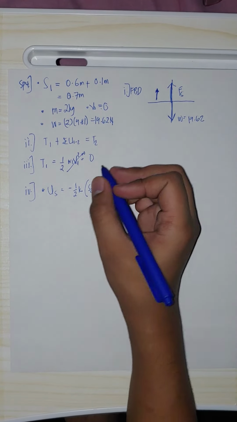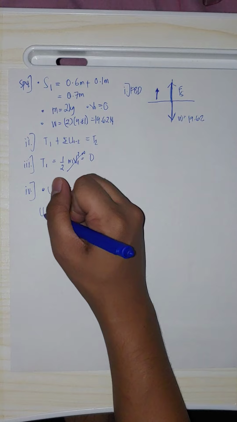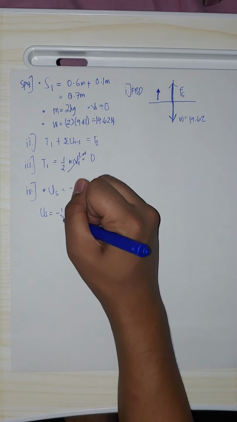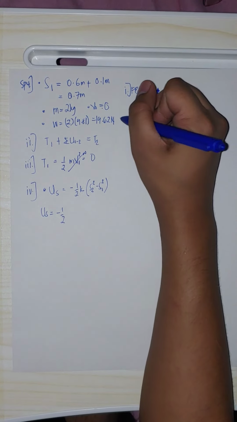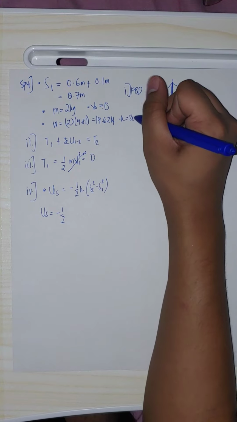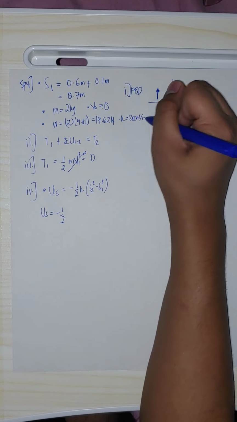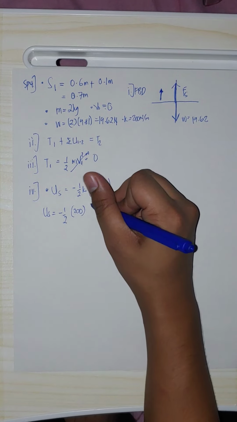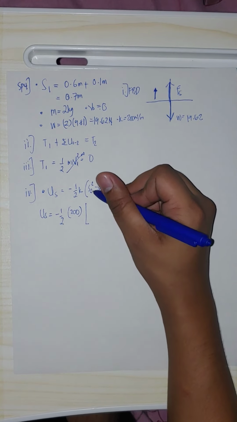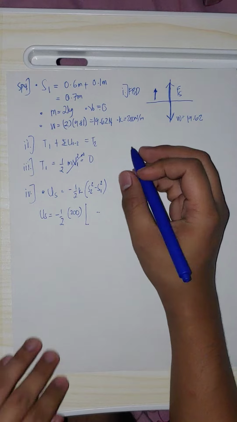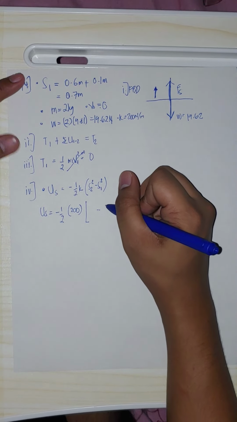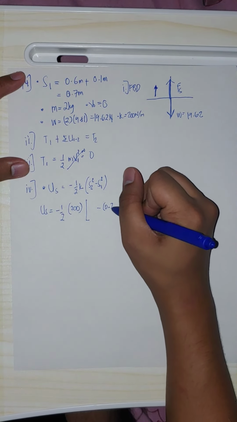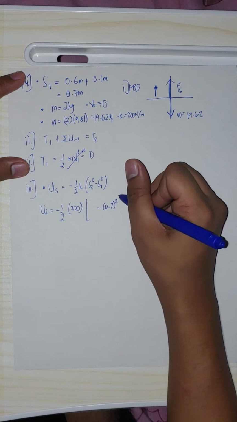Okay, so we have here U_S equal to negative 1/2 times K, where K is equal to 200 Newton per meter. So that is 200 Newton per meter times the initial displacement, which is 0.7 meter squared.